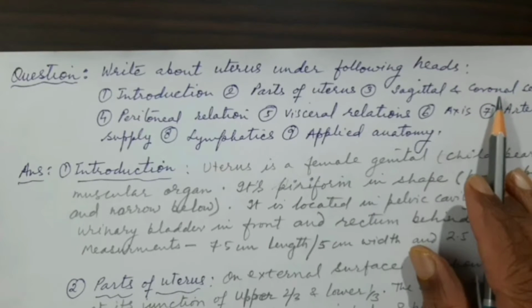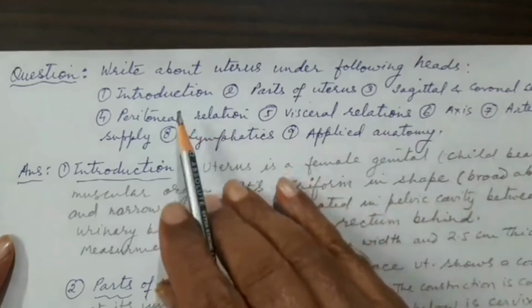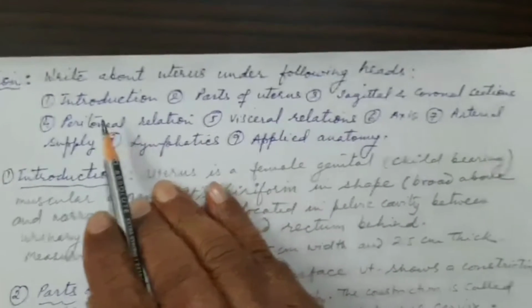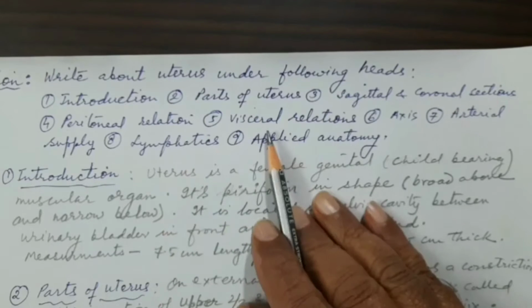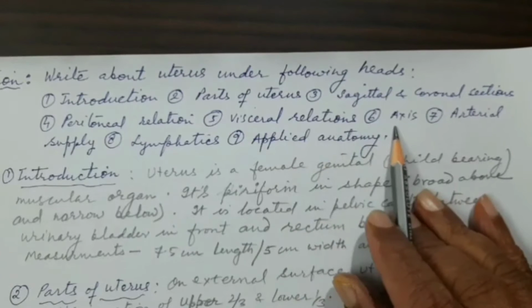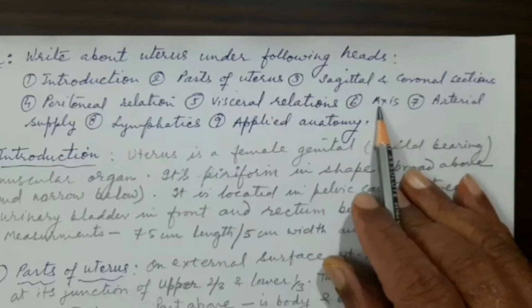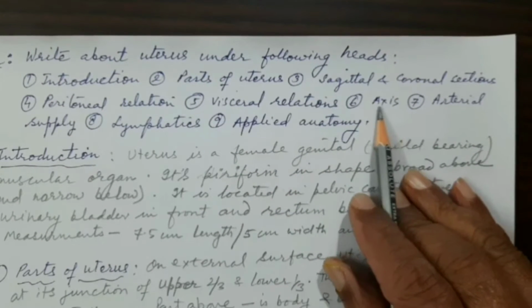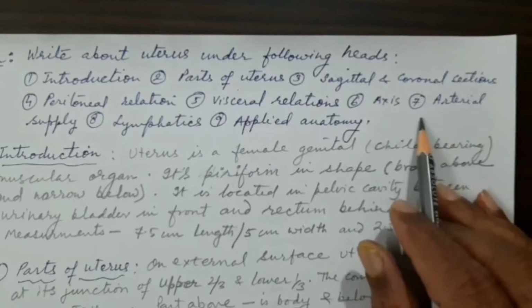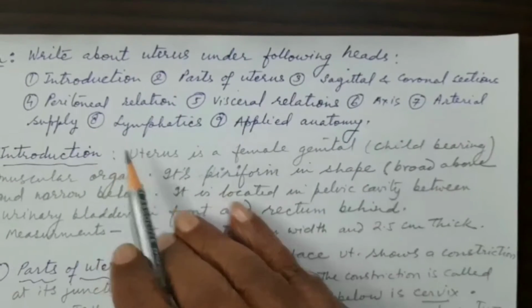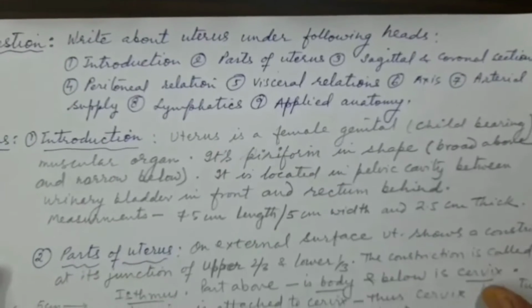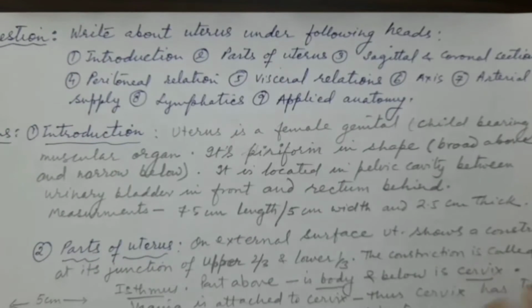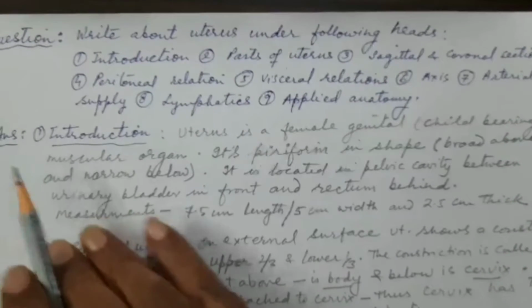We will try to see the structure of the uterus in sagittal and coronal section, then peritoneal relations, how the peritoneum is reflected onto the uterus, then visceral relations, and then the orientation of the uterus and its axis, then arterial supply, lymphatic drainage, and lastly we will learn about the applied anatomy. Okay, let's come to the answer.